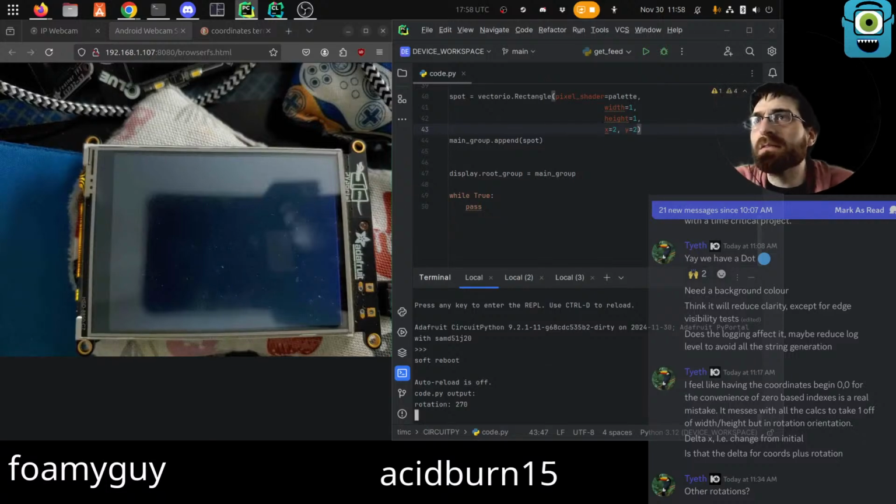I mean, what? This never draws. Doesn't matter where we put it, it will never draw. So 1x1s are broken?